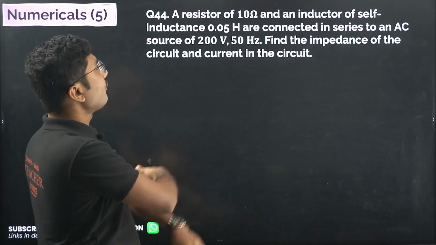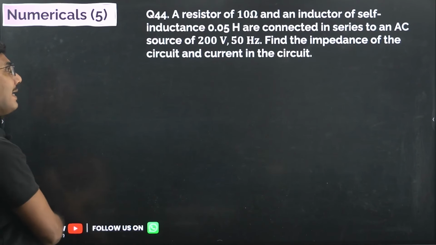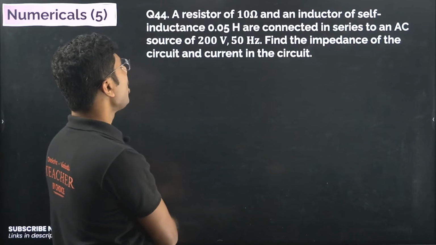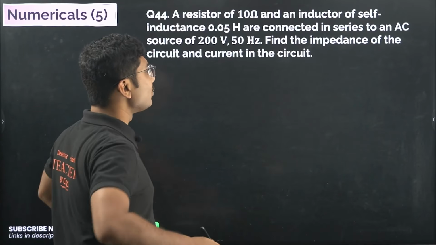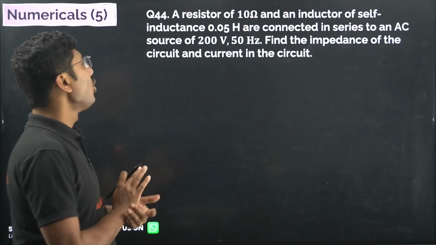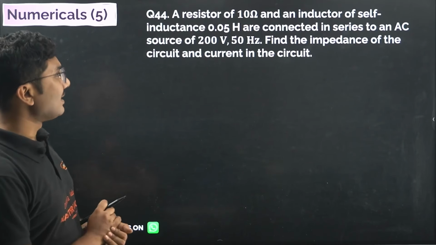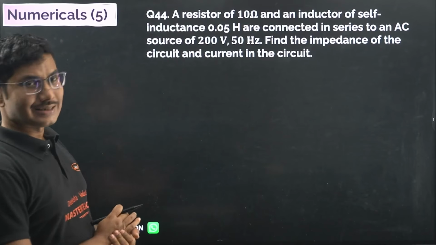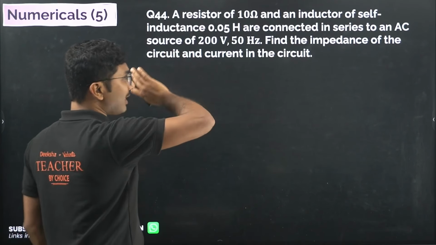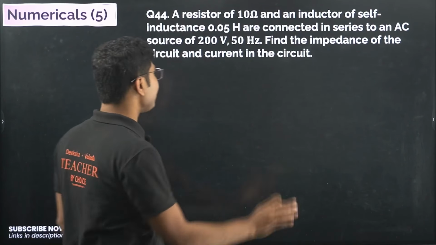A resistor of 10 ohm and an inductor of self-inductance 0.05 Henry are connected in series to an AC source of 200 volt, 50 hertz. Find the impedance of the circuit and the current in the circuit. First of all, here it is only an RL circuit, so a very easy question.